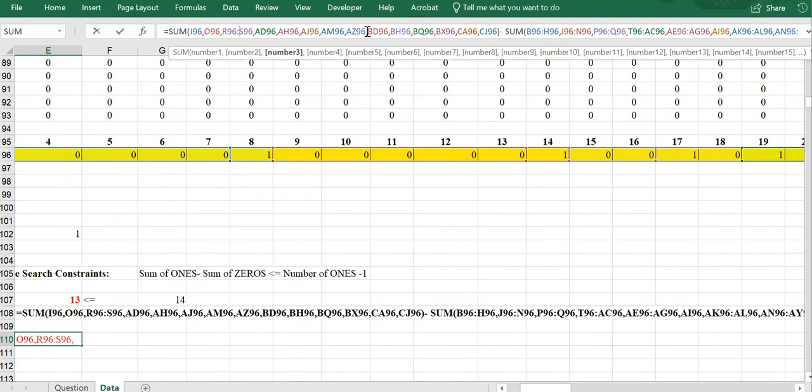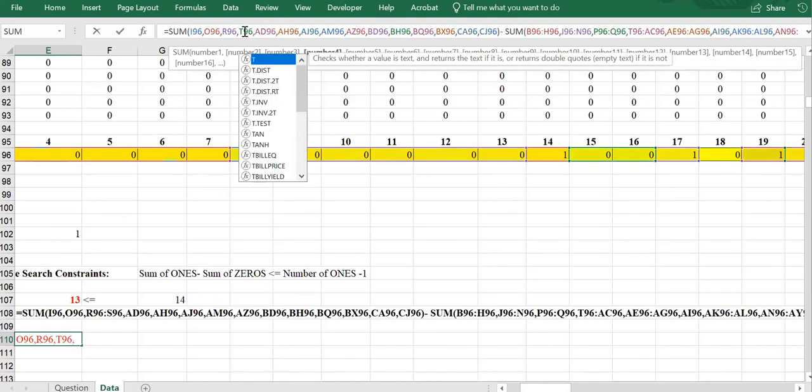I had 17 and 18 before. RS, let's just change it to this. So S is not 1 anymore, but T is 1.